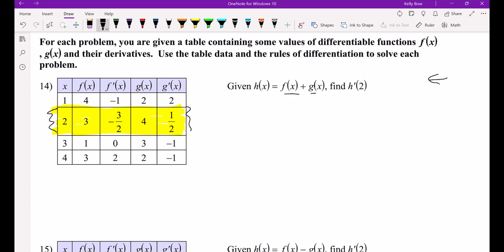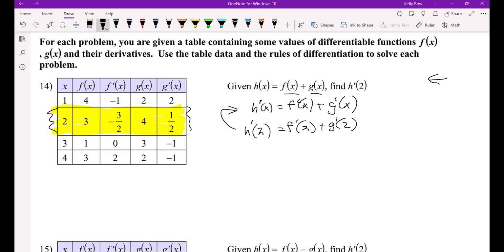When you're adding functions, the derivative is just the sum, so to find the derivative of h, you take the derivative of f and add the derivative of g, and then instead of x, you plug in. So we probably could have skipped that step, but when you're doing this, you might want to do the step that I just did.